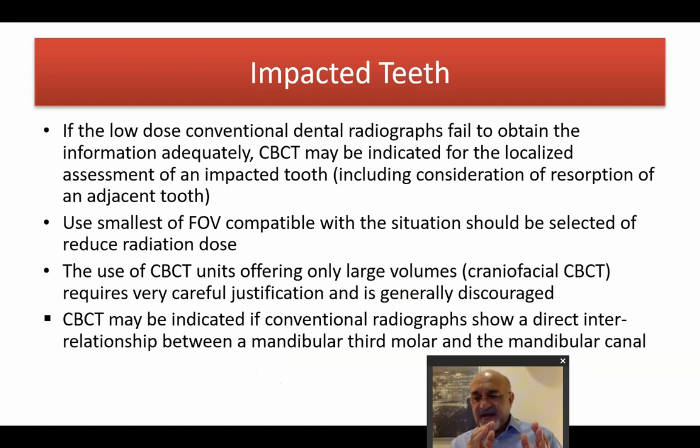All these radiographic signs show clear intimate relationship between the apex of the impacted tooth and the inferior dental canal, and you feel that your intraoral periapical radiographs fail to give you the proper relationship, then go for the CBCT.